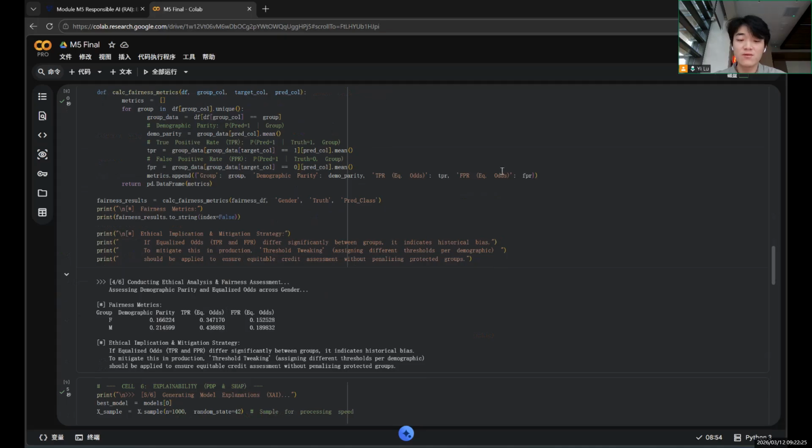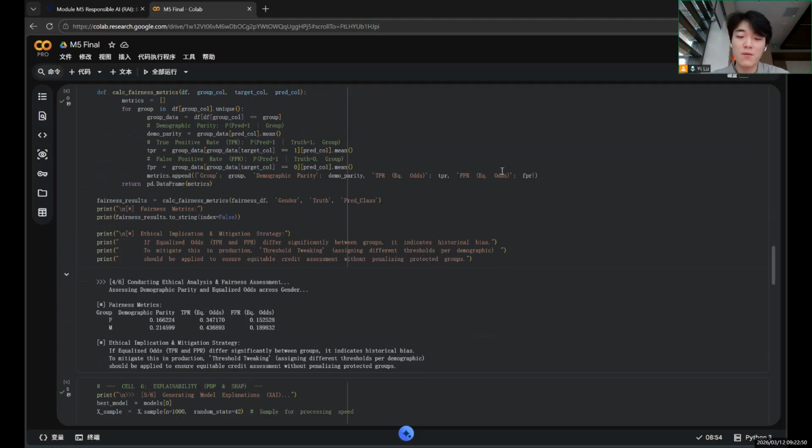I evaluated two strict fairness criteria. First, demographic parity. I analyzed the overall prediction rates to see if one gender was being disproportionately flagged for default regardless of their actual creditworthiness.